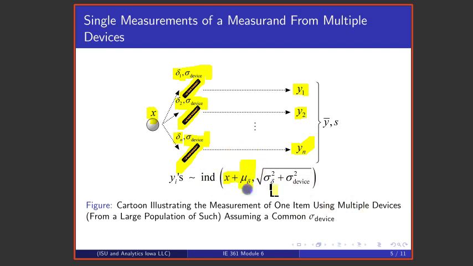So this mu sub delta is standing for an average bias, and the variability that one sees in these y's is governed not only by how big is the sigma device or sigma squared device, but also how variable are the biases. And so we have here a sigma squared sub delta.